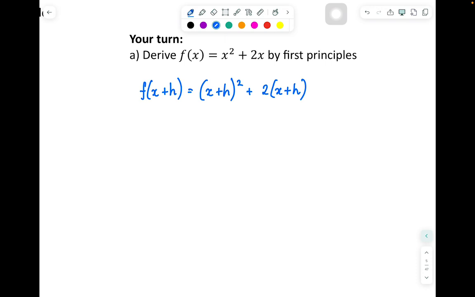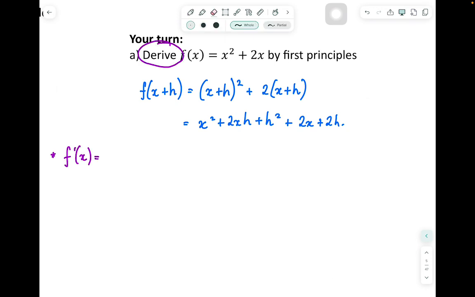You can see we are substituting f of x plus h in all the spaces that we need. So when we go to find our derivative, which is deriving f of x, we've got all of our ingredients here.